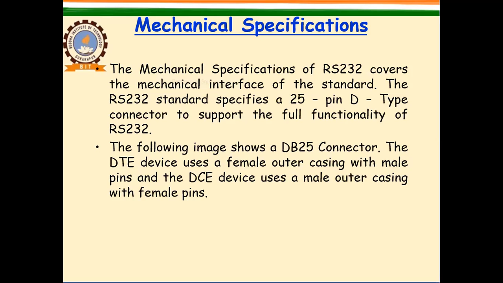The DTE device uses a female outer casing with male pins, and the DCE devices use a male outer casing with female pins. This is the characteristic feature of the male and female connectors used in RS232 for DTE and DCE.